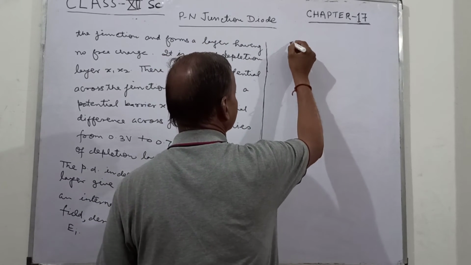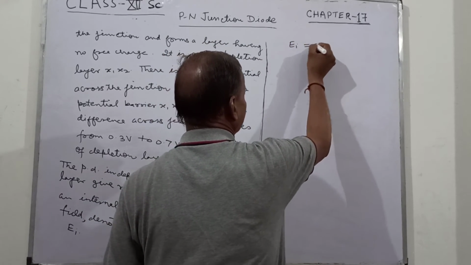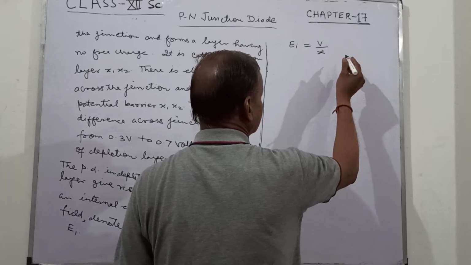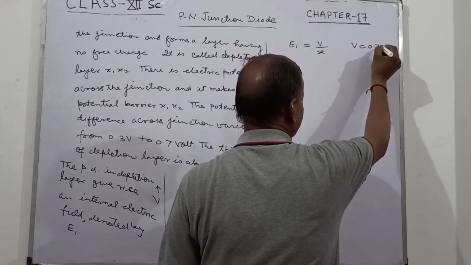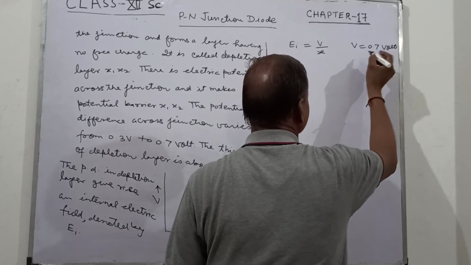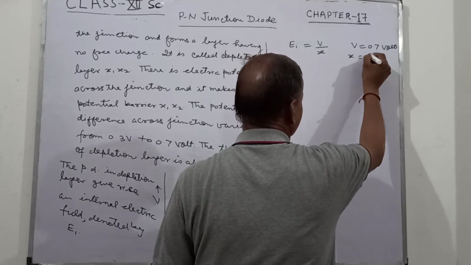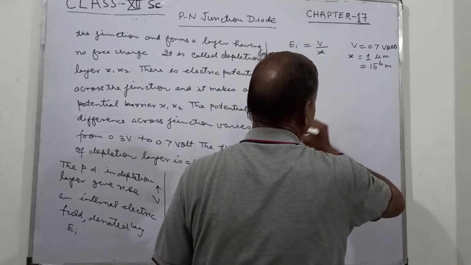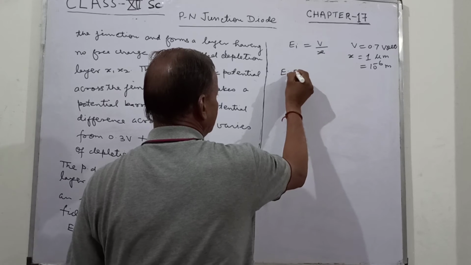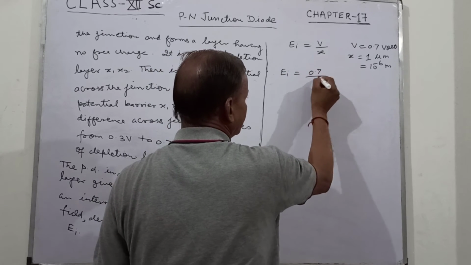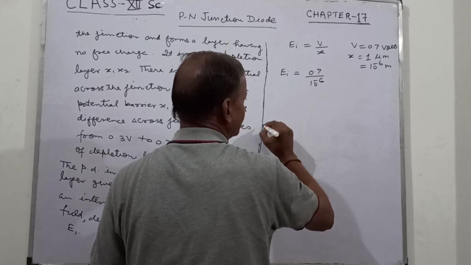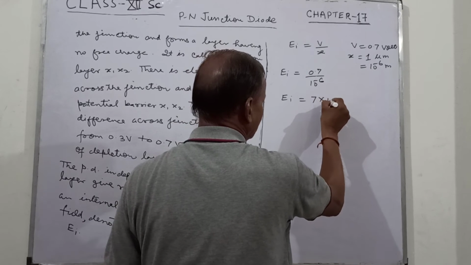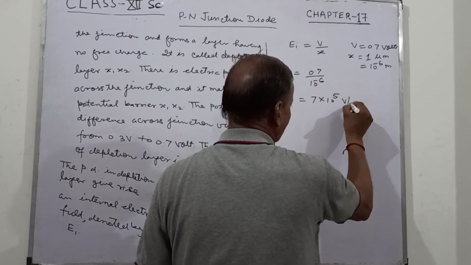Let's suppose the electric field EI is equal to V upon X. Here V is equal to 0.7 volt and X is equal to, suppose, 1 micrometer. So this is 10 to the power minus 6 meter. So EI is equal to 0.7 upon 10 raised to the power minus 6. So this will give you EI equal to 7 into 10 raised to the power 5 volt per meter.